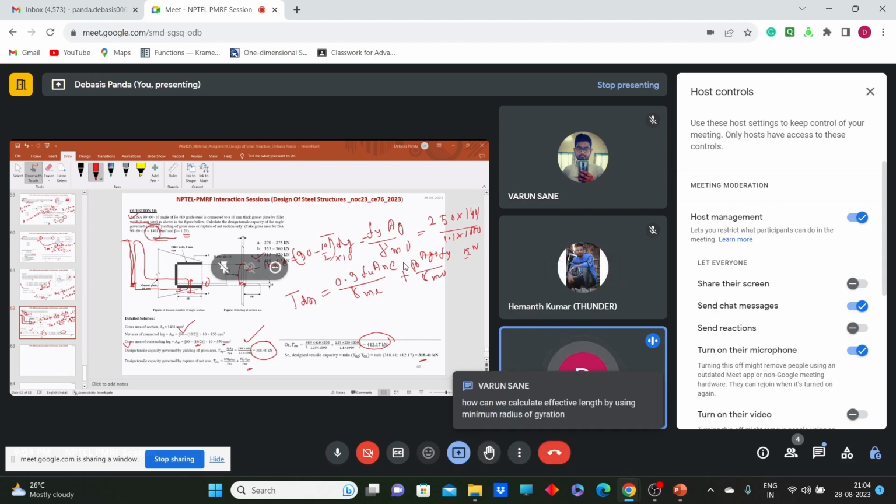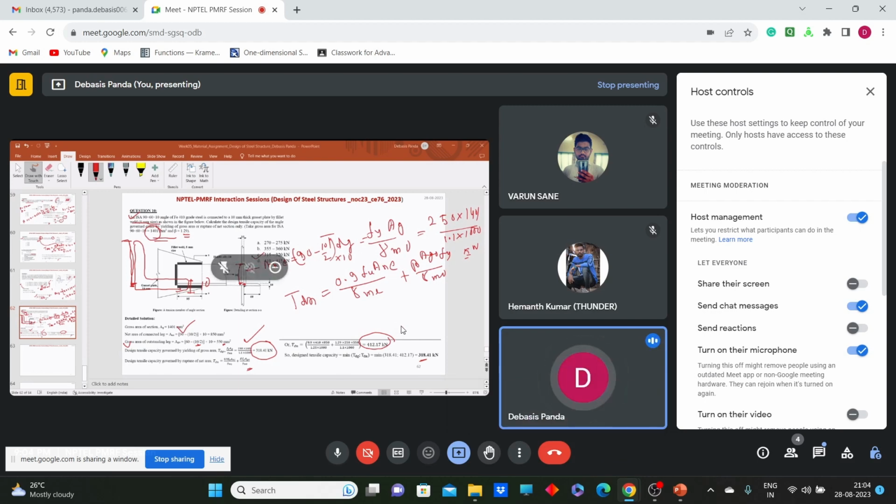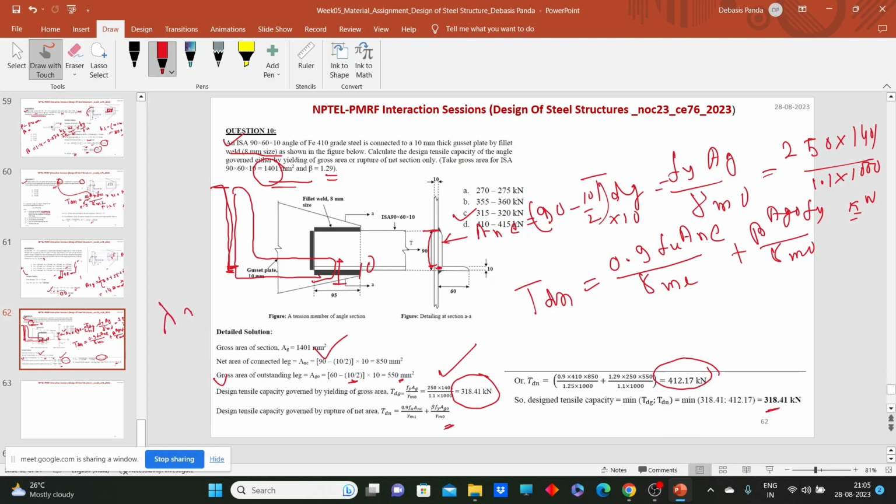How can we calculate effective length by using minimum radius of gyration? It's very simple. If we have one member where lambda max is equal to effective length by r minimum, now you need to find out this lambda max.